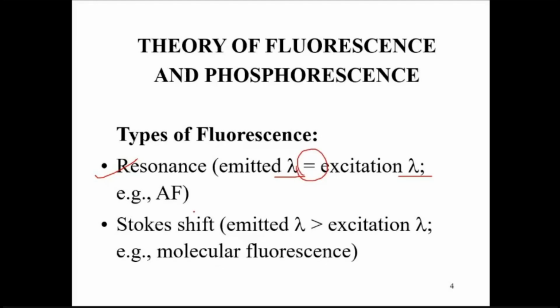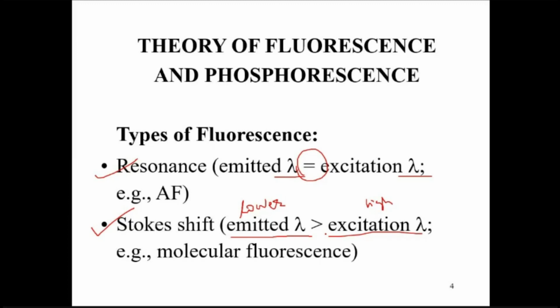Now, there is another called Stokes shift, where the emitted wavelength is longer than the excitation wavelength. So this is associated with high energy, and this is associated with lower energy.